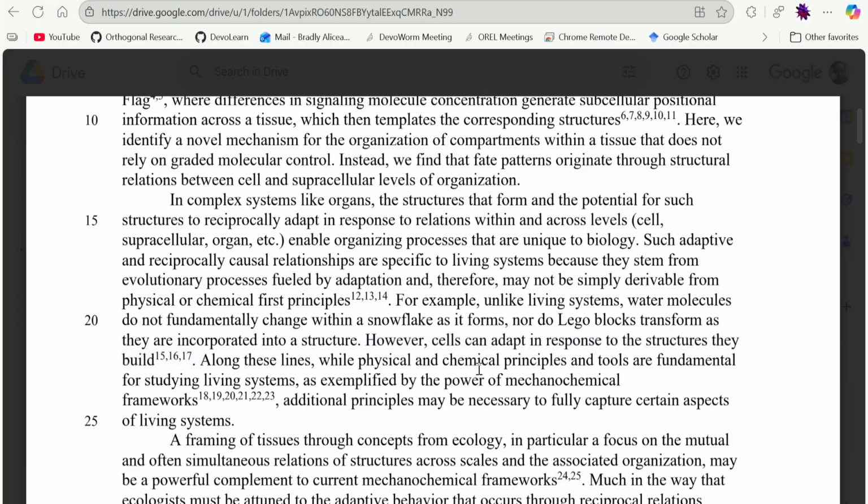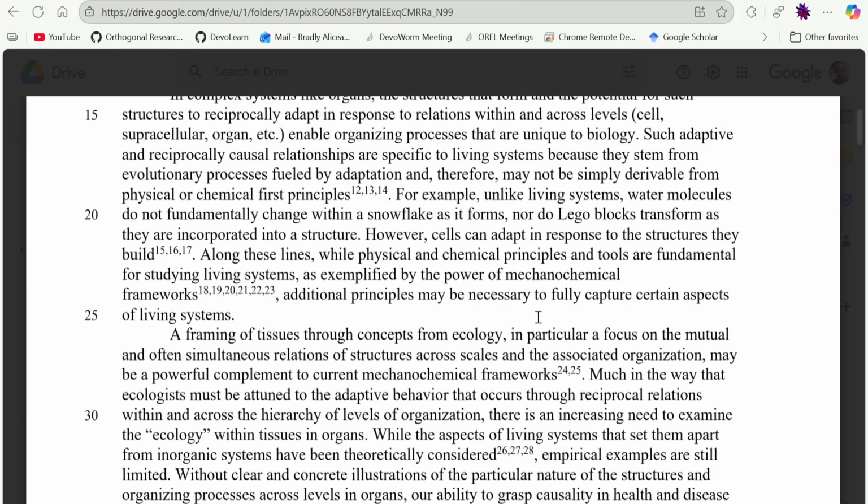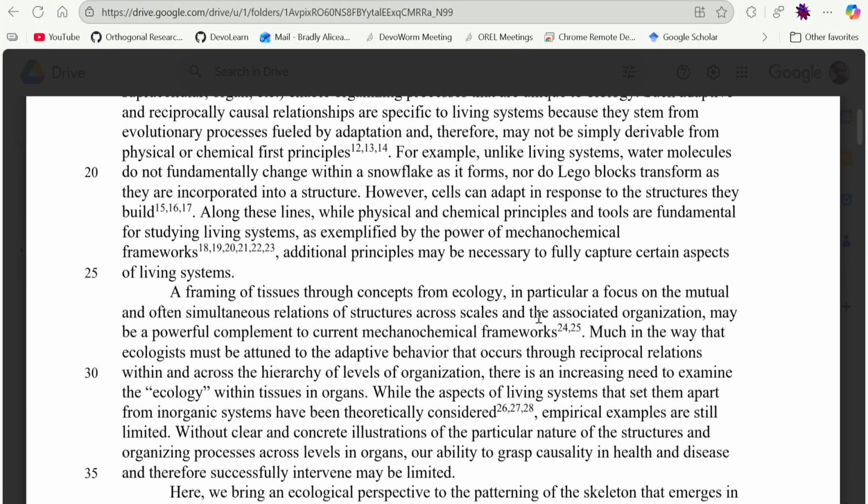And they don't propose any principles that govern that. The best analogy I can make is these emergent structures that are built by social insects. That's the best way to visualize this. And then you transfer it to cell biology.